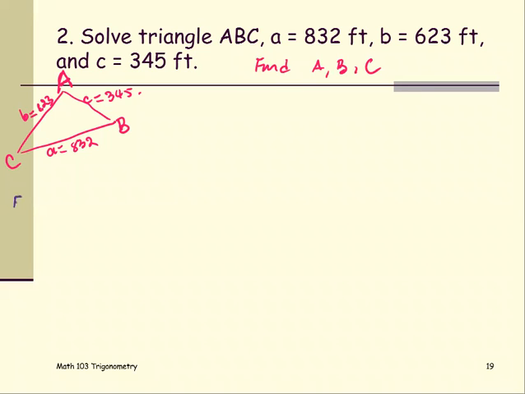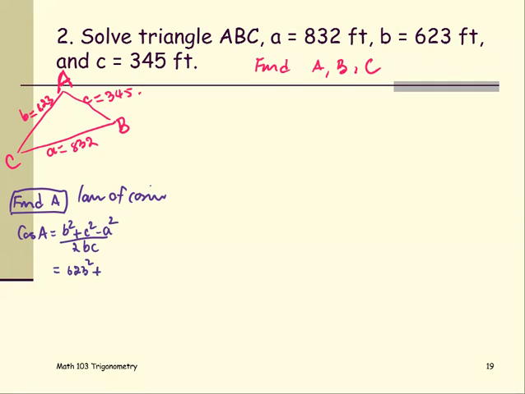To find angle A, use the law of cosine. So cosine A equals B squared plus C squared minus A squared, all divided by 2 times B times C, which means we have the square of 623 plus the square of 345 minus the square of 832, all divided by 2 times 623 times 345.